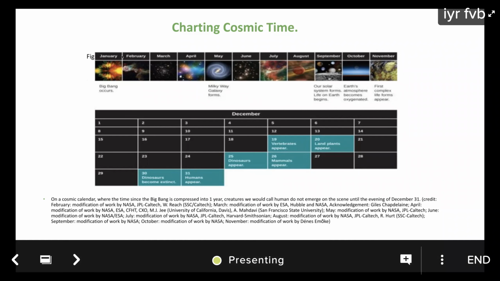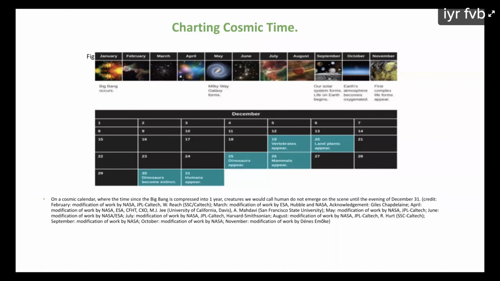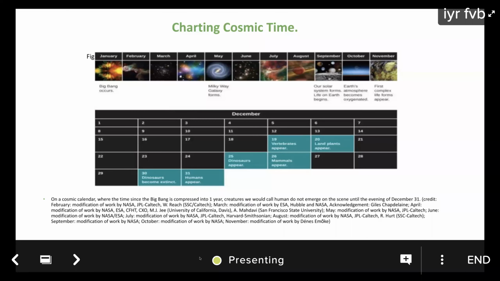If you look at this cosmic calendar, if you shrink everything to a calendar, you can make an analogy of how it looks. So in January, the Big Bang happens, and in February there is this image, and then in March you have some stars, and galaxies are born around May, and then you have galaxy clusters right here, and the planets formed around August and September.